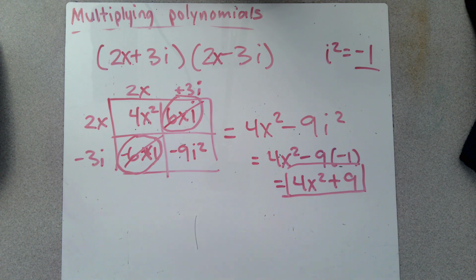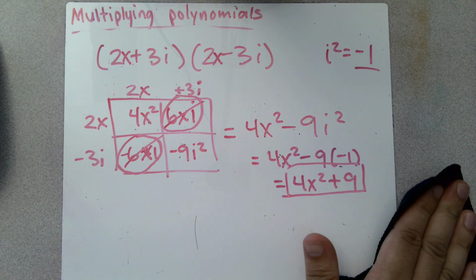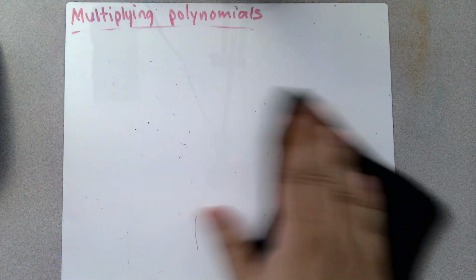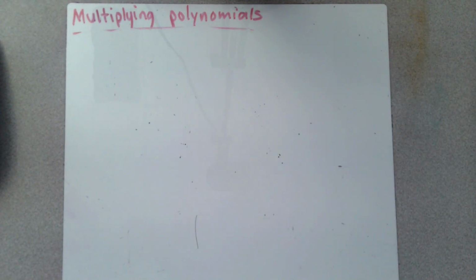Now, let's do an example that's a little bit crazier. And again, I'm going fast because you can stop the video at any time you want. You can pause, you can rewind. Let's do a crazy one.